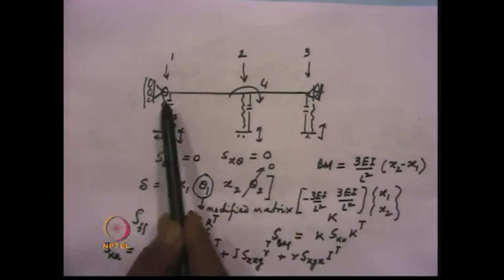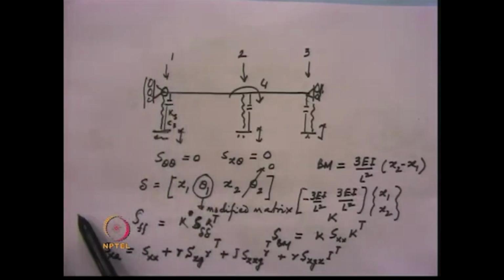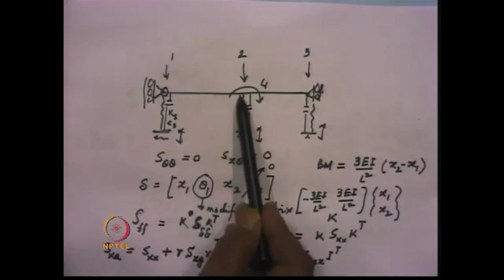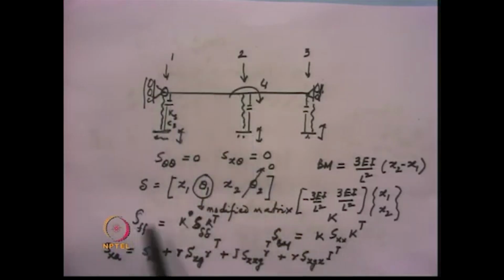Since at this point the bending moment is equal to 0, we need not include this theta 1 into this vector, and we can modify our stiffness coefficient for bending moment for this member accordingly, so that theta 1 need not be considered, and since theta 2 is 0, we get only x1 and x2. These are the 2 displacements.